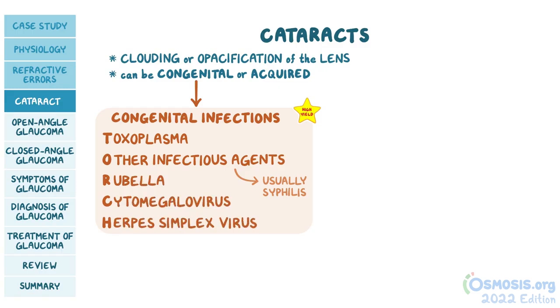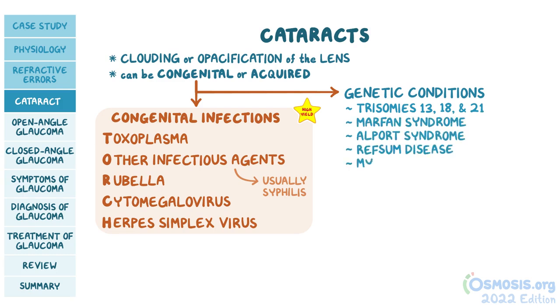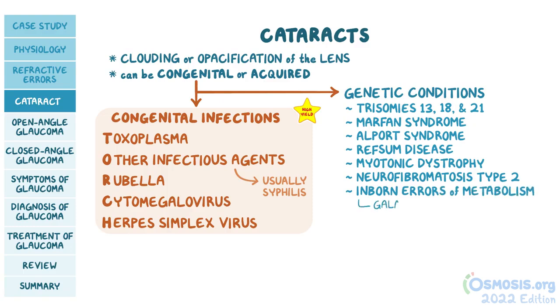Other risk factors for congenital cataract include genetic conditions such as trisomies 13, 18, and 21, Marfan syndrome, Alport syndrome, Refsum disease, myotonic dystrophy, neurofibromatosis type 2, and inborn errors of metabolism like galactosemia.